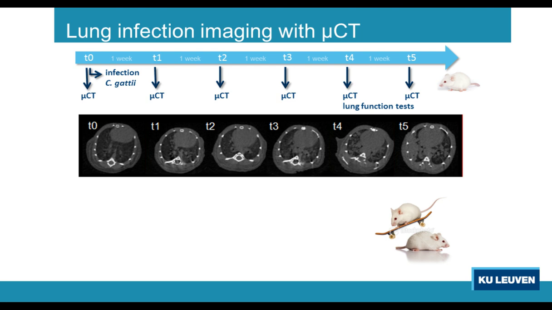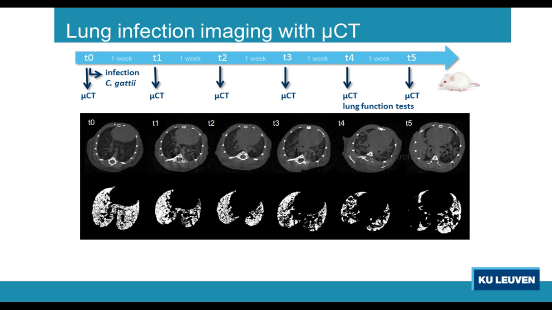So a typical setup is that you would weekly follow up disease progression, and you would really have the dynamics of disease progression for every individual mouse. That's what you see laid out here. So these are weekly scans where you really see the fungus growing and the disease progressing in the lungs. And then we can quantify this, similar to the fibrosis example.